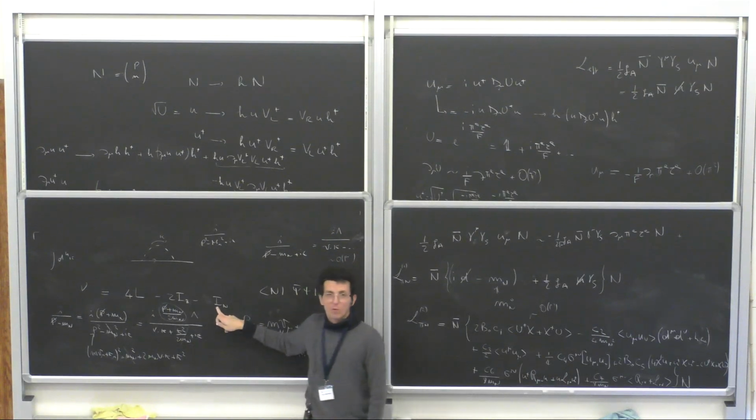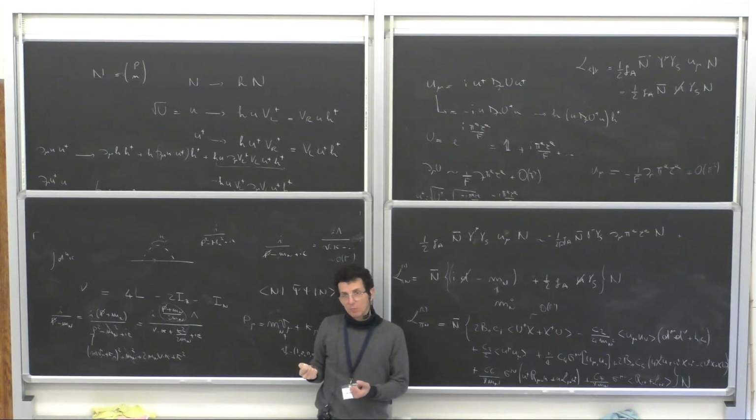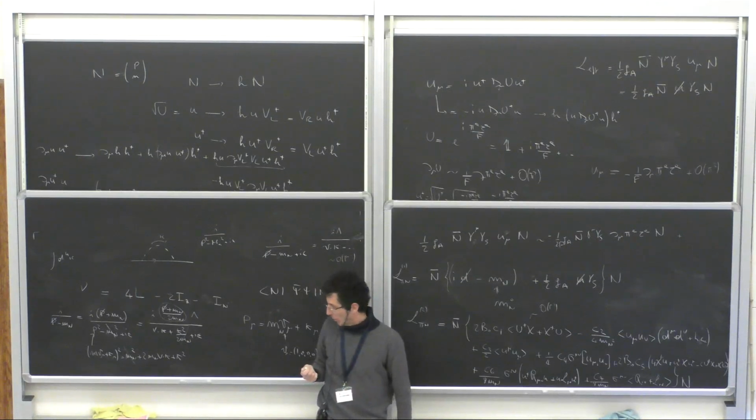Each nucleon propagator brings down one inverse power of soft momenta.